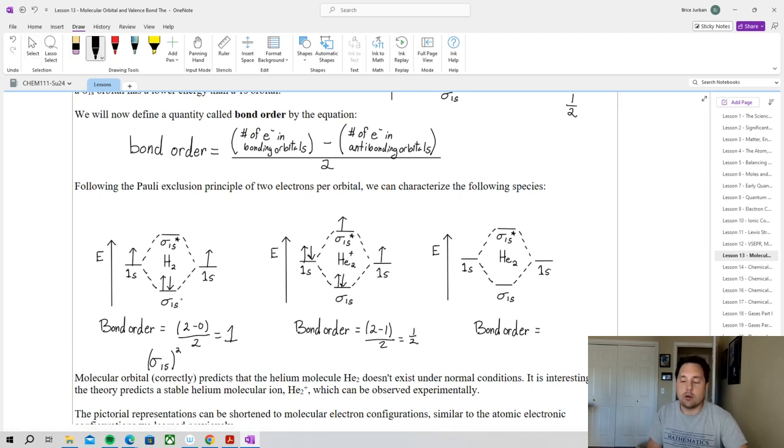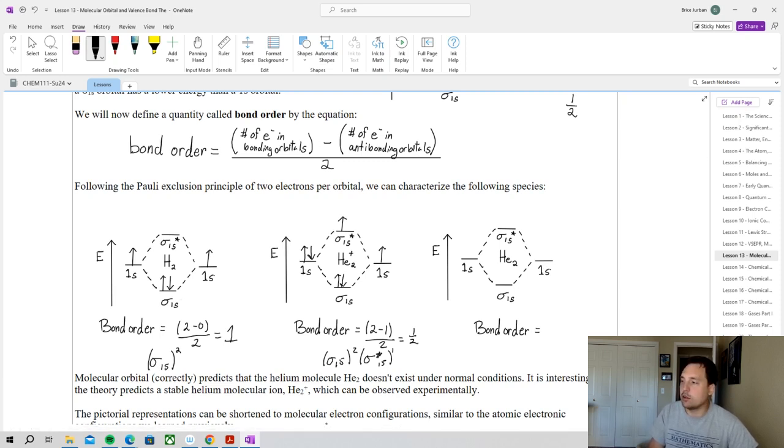And this has the same bond order as the hydrogen molecular ion, so they're about equivalent in energy. Their bond lengths will differ. And we can write out the configuration as sigma 1s squared, sigma star 1s to the first.